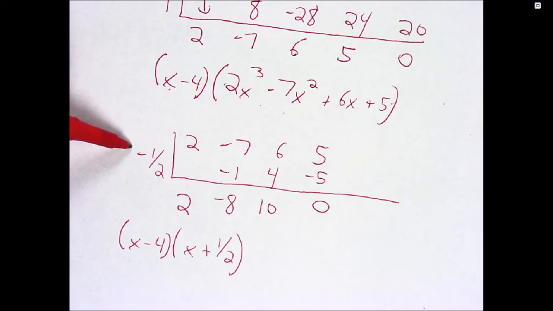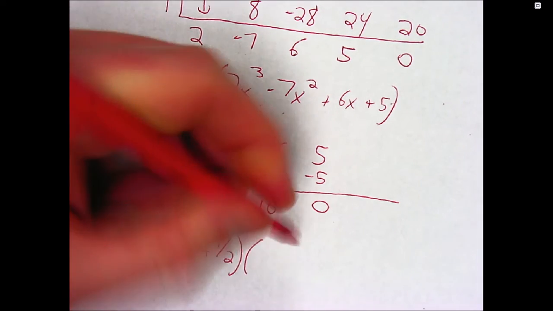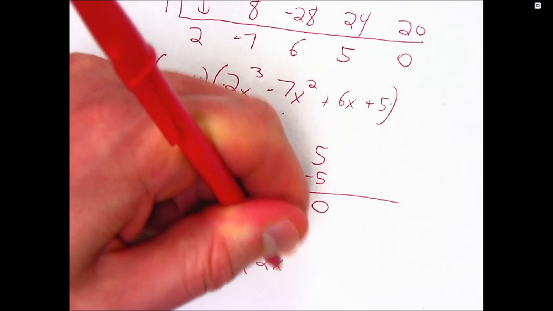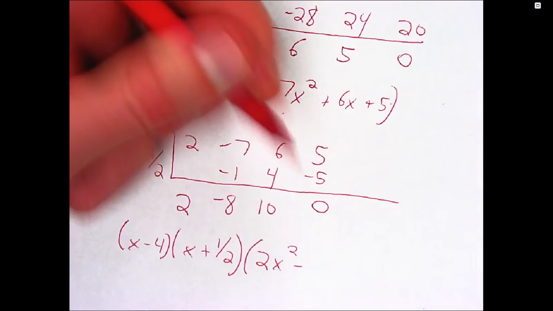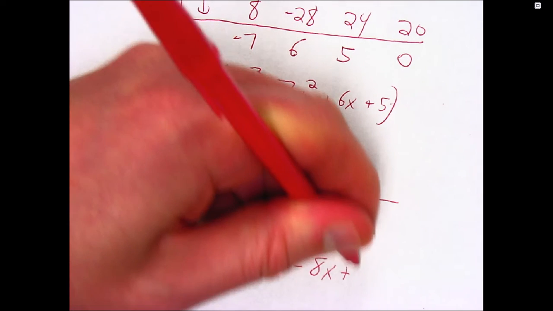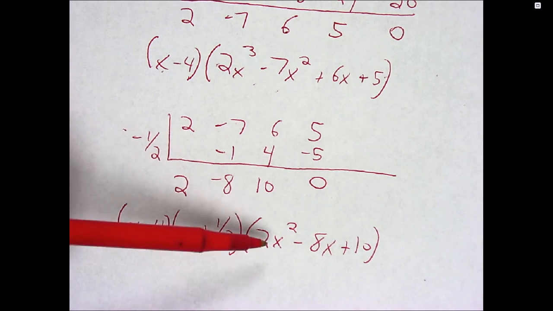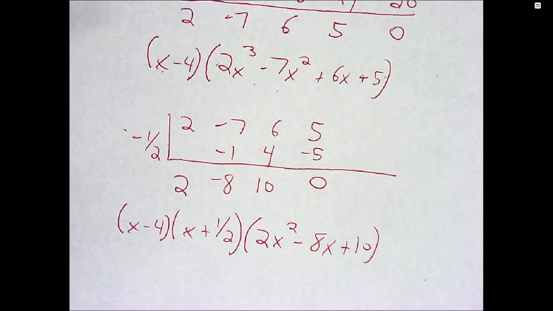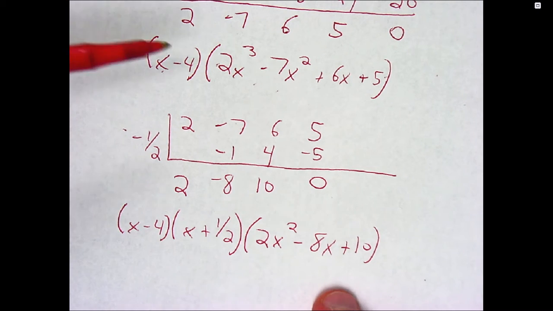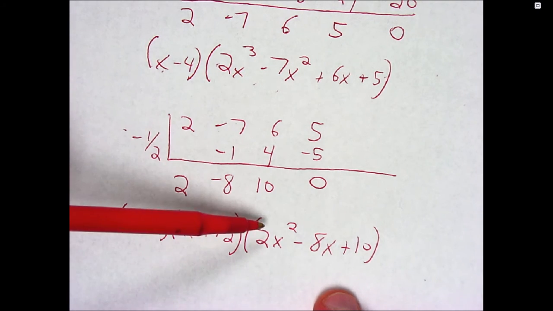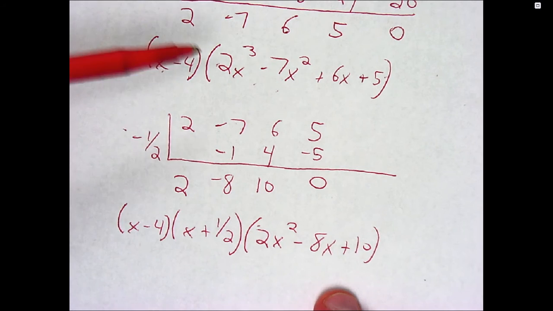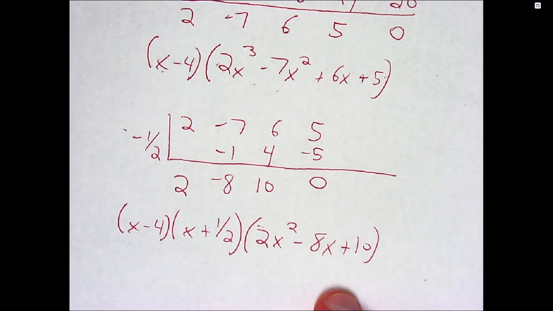If negative 1/2 is the solution, x plus 1/2 is the factor. And then 2x squared minus 8x plus 10. Now the question is, what are we going to do with this? There might be some other answers, but they aren't showing up on our graph, so we figure probably these have non-real solutions.